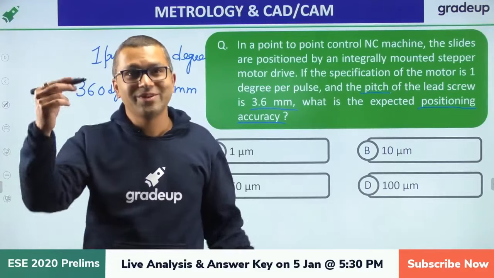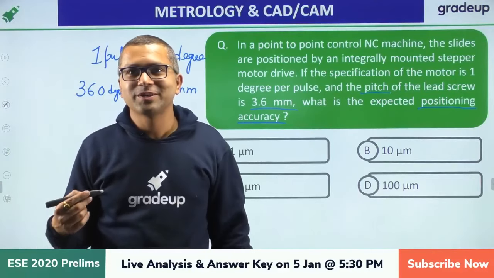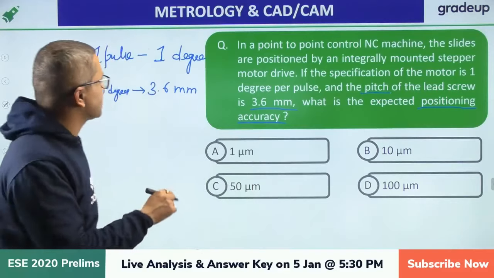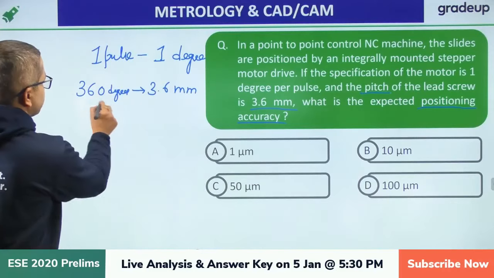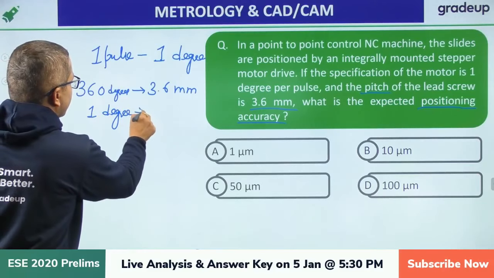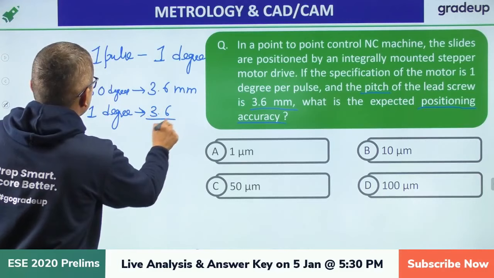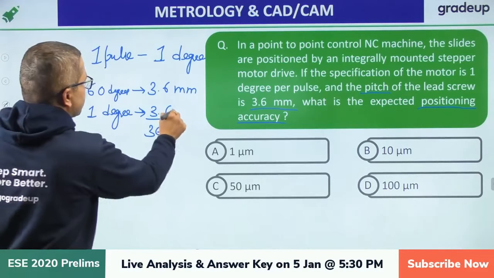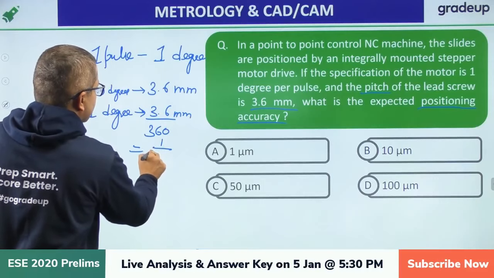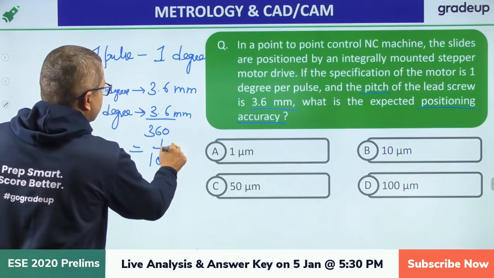Yes, okay, fine. We are coming into it. Many says that B should be the option. Okay, fine. So in 1 degree, it will move how much? 3.6 upon 360 mm, right, equals to 1 upon 100 mm.